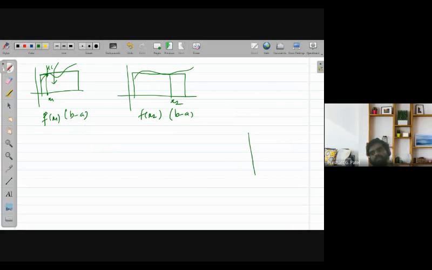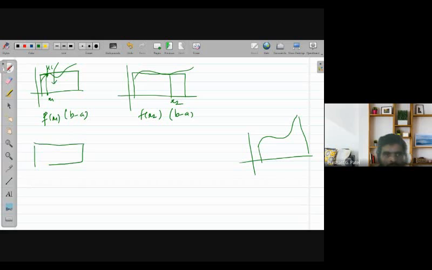approximating the area which we have, the area under the function. That means this area is approximated by the average of all such areas of rectangles. So the first time we have this rectangle, the second time maybe we have some higher rectangle according to the function, and so on.